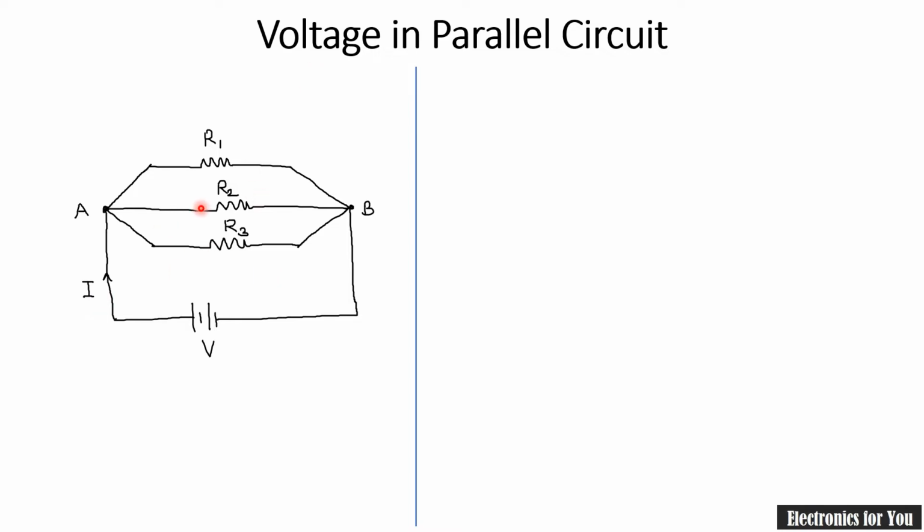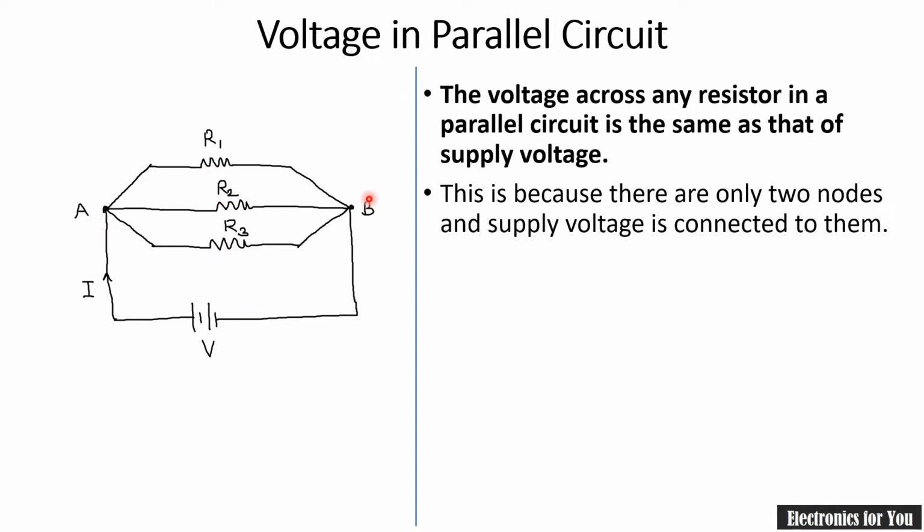In this case you can see that the voltage supply is applied to point A as well as point B, and as the voltage supply is connected to these two nodes and every resistance is connected across these two nodes, the voltage will remain the same for all resistances.